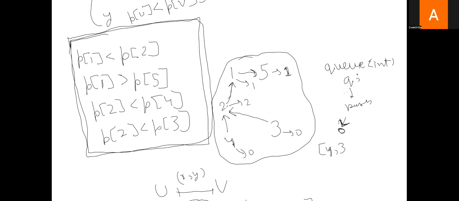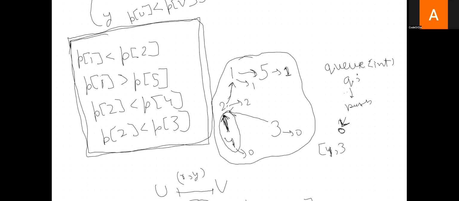When I'm pushing 4, the edge to which this 4 is connected, I will decrease its in degree. And why am I decreasing? Because now these are disconnected.